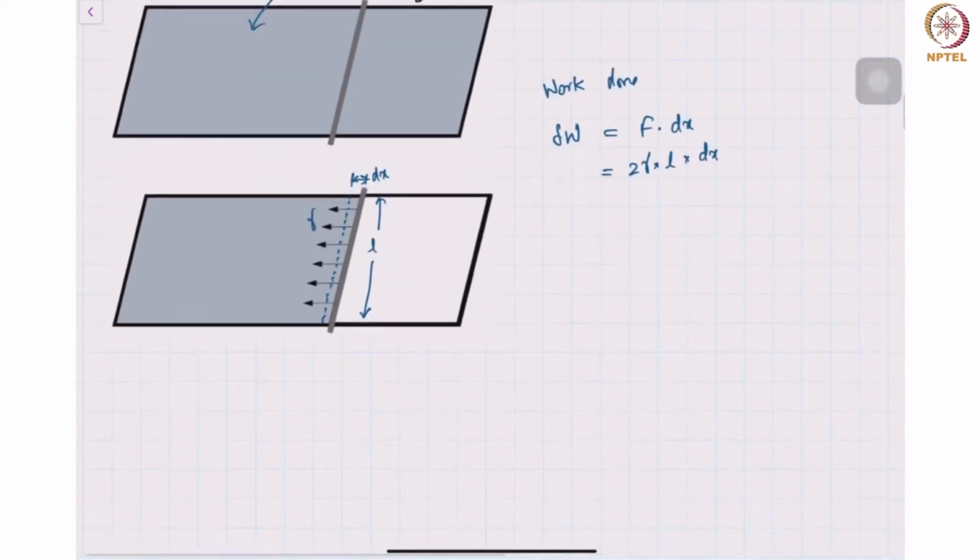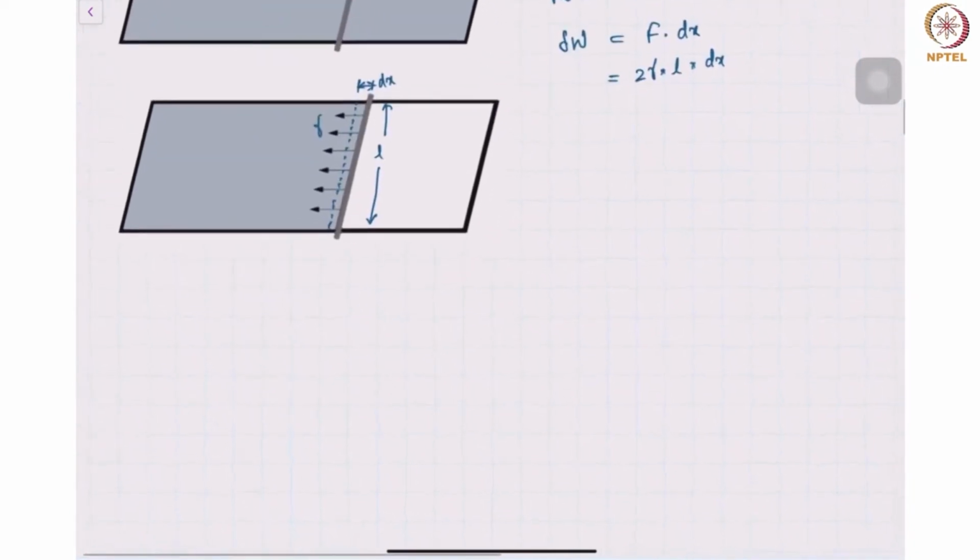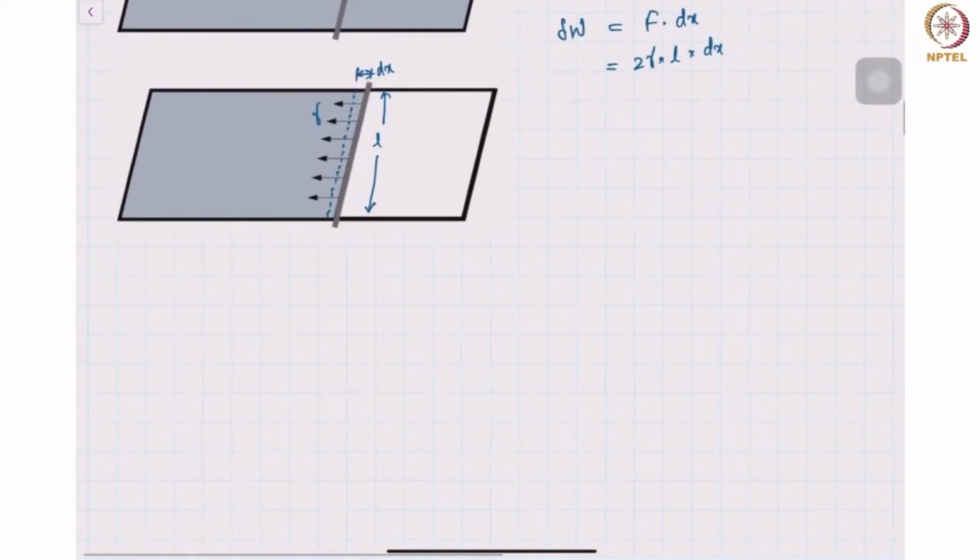To understand why we have 2, we have to look at the soap film itself. I'll make a simple drawing of the soap film. The soap film here, you have air above, and we have air below. Or maybe I should do it in 2 dimensions. The soap film would look something like this.